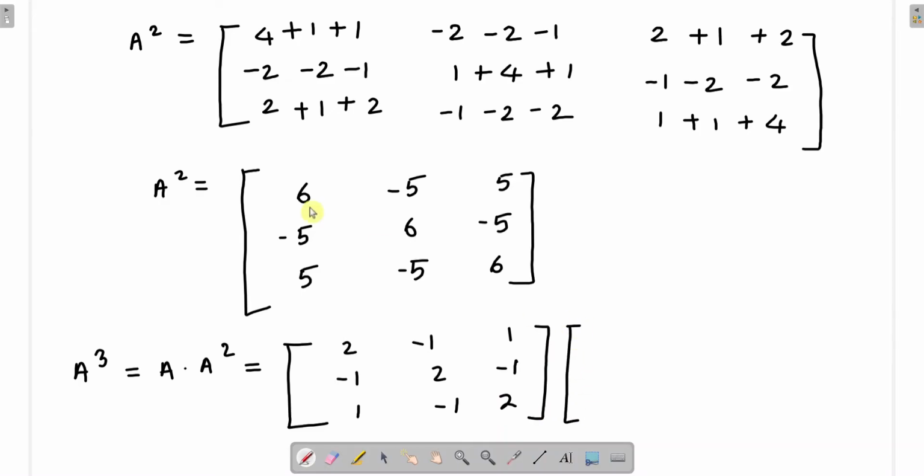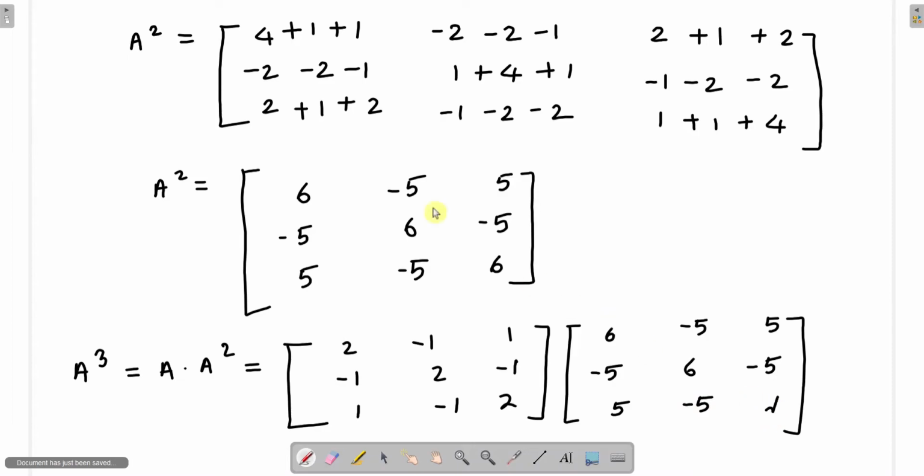A square is this, so 6 minus 5 5, then minus 5 6 minus 5, 5 minus 5 6. Okay, so now we can multiply this.